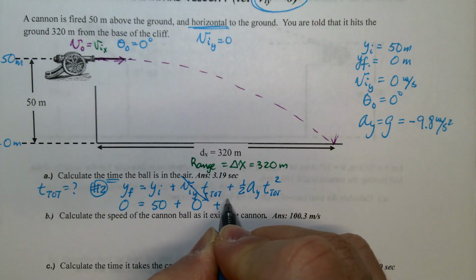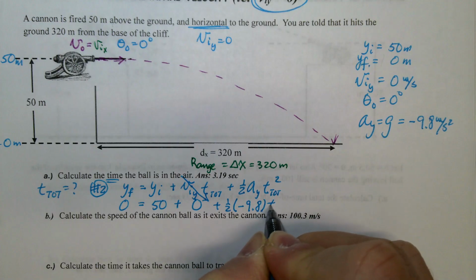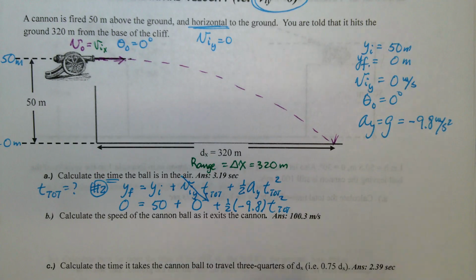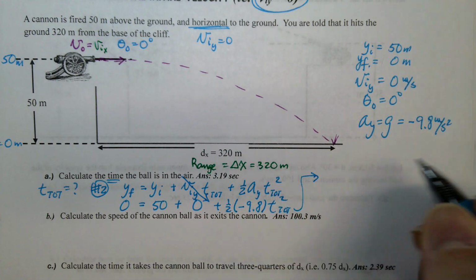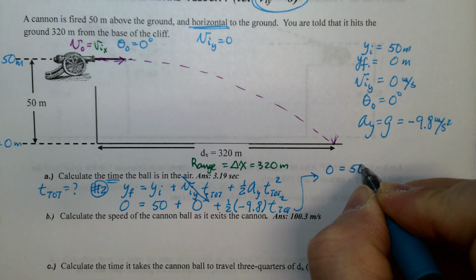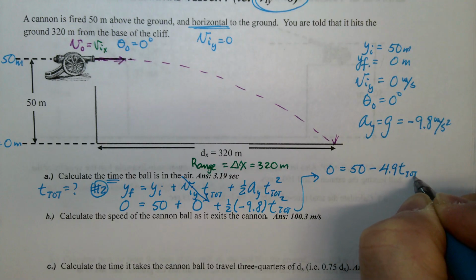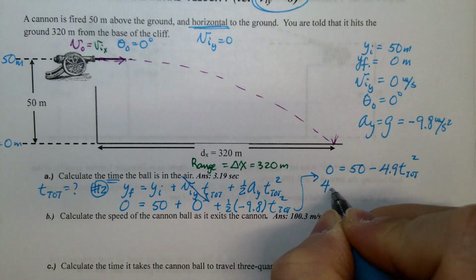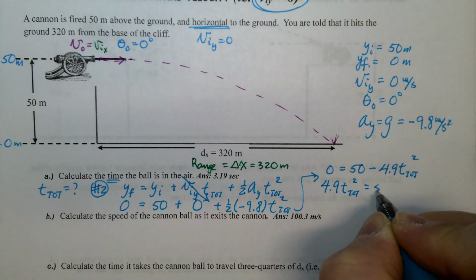Plus 1/2 times negative 9.8 times T total squared. So 0 is equal to 50 minus 4.9 T total squared. So 4.9 T total squared is equal to 50.